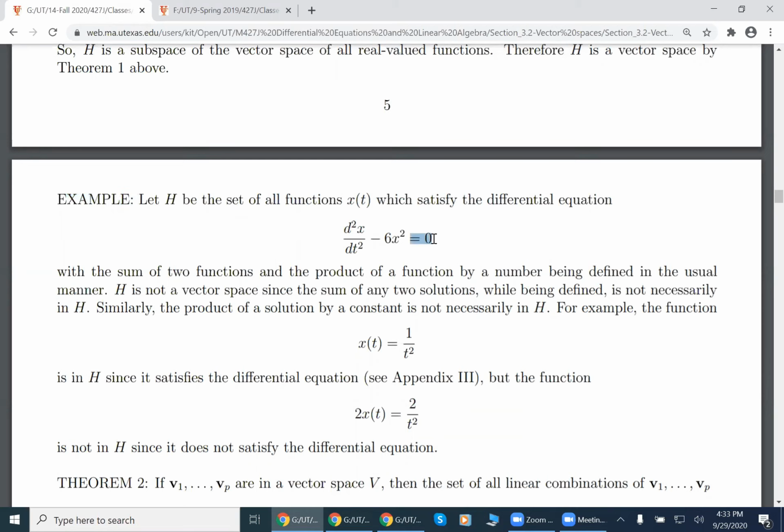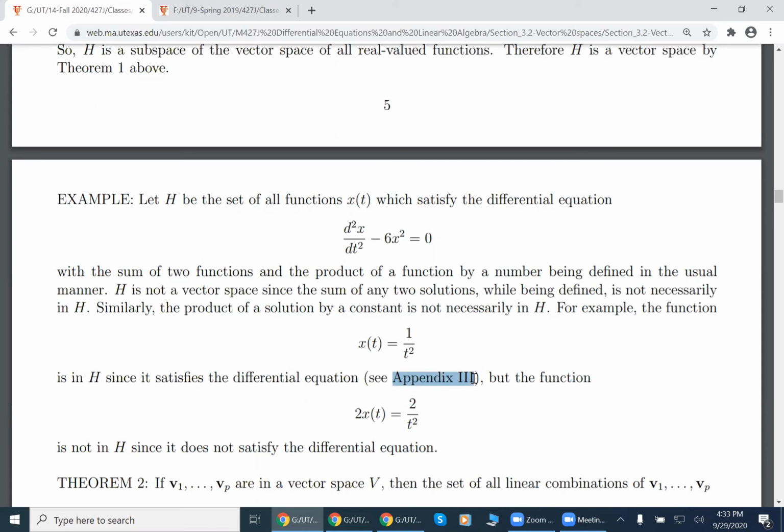Again, on the right hand side we have 0, but the left hand side is not a linear operator because we have x squared. By the way, we've never discussed in this course how to solve such an equation. If you want, you can look at Appendix 3.